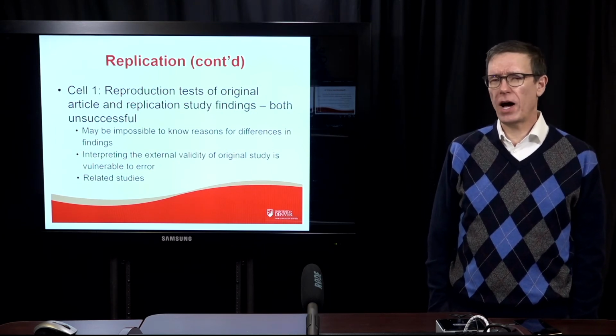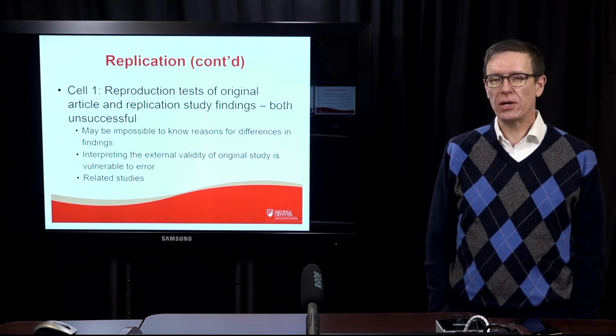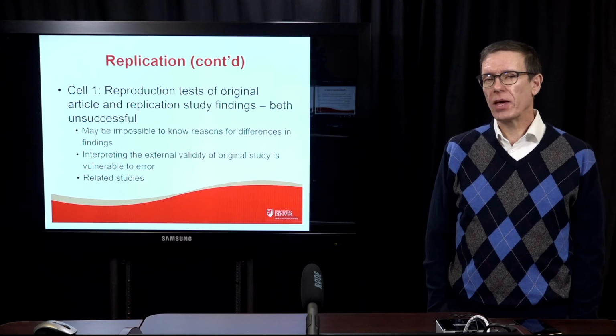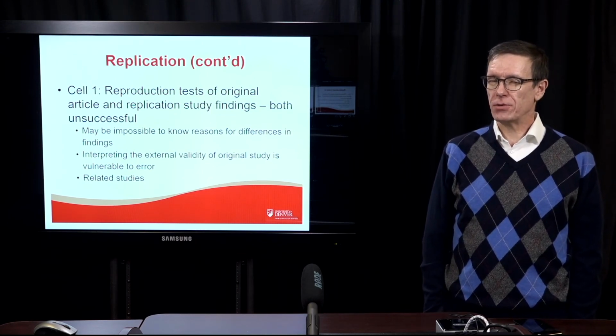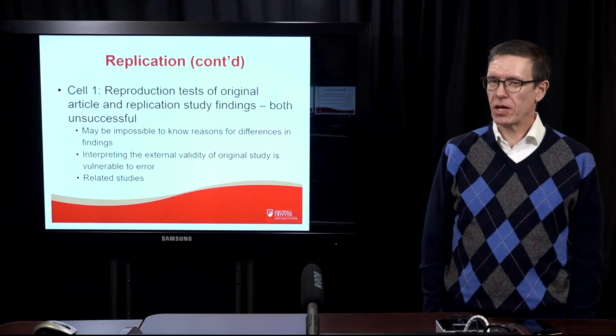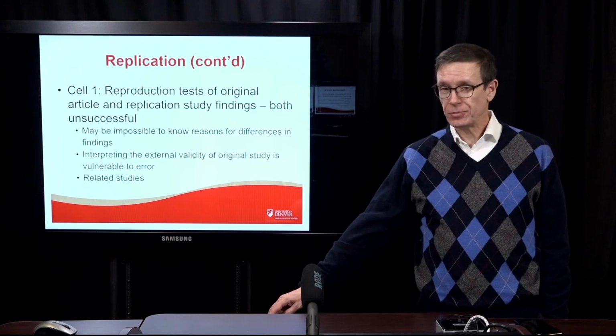However, we may not know why those differences exist, and trying to make that conclusion is really vulnerable to error. And perhaps at best, what we can say most confidently is we have two related studies, and we don't really know why their differences in findings exist.